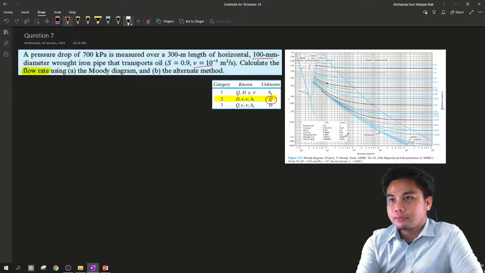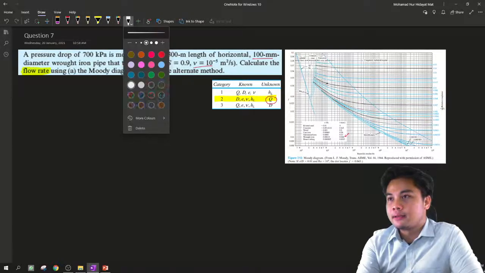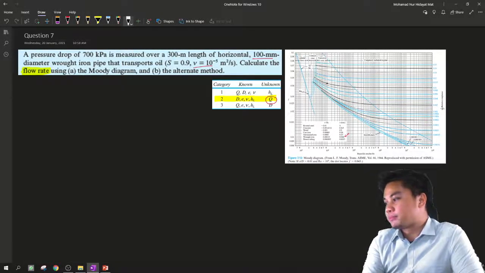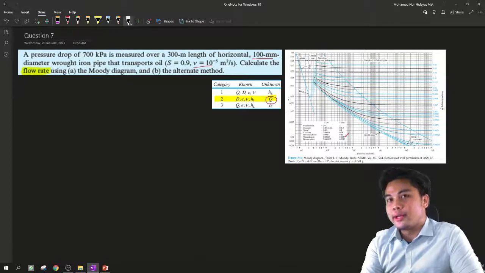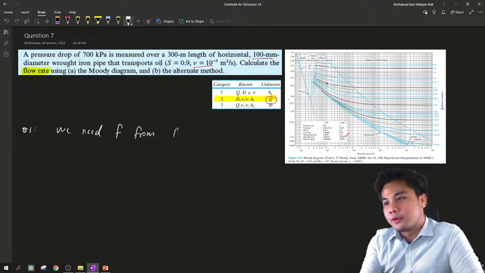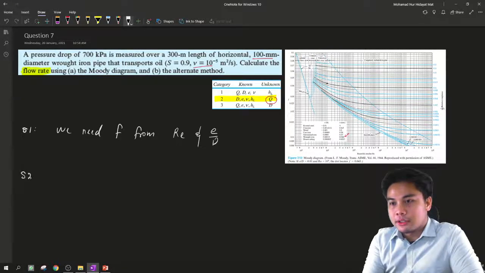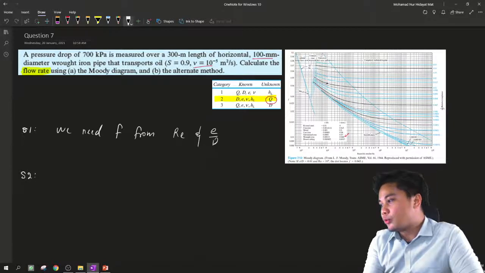So first we need to find the friction factor from the Reynolds number and relative roughness.